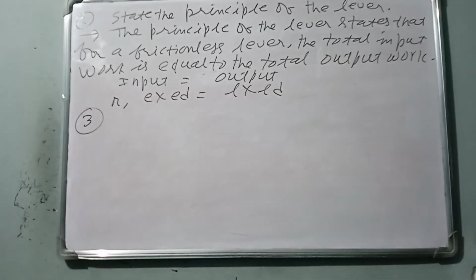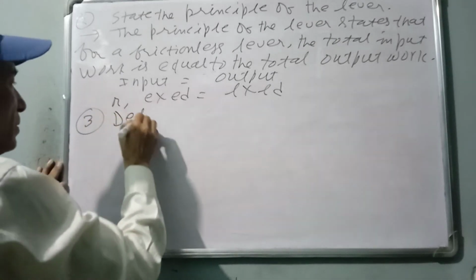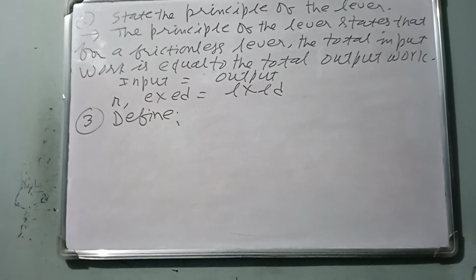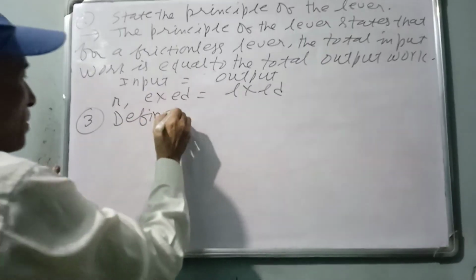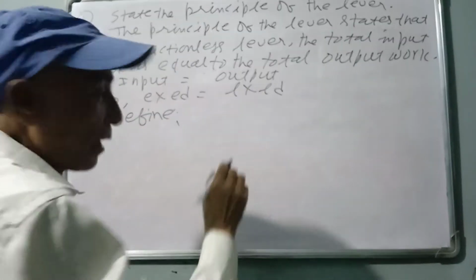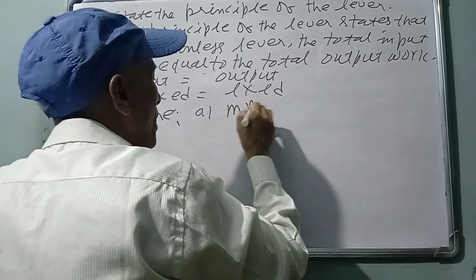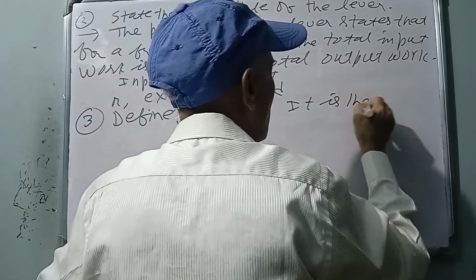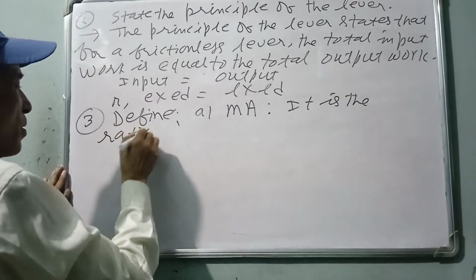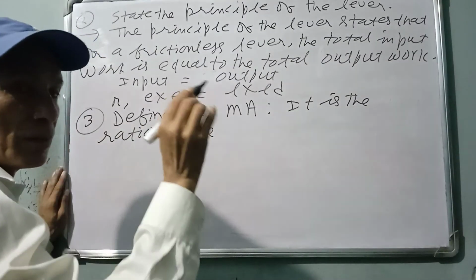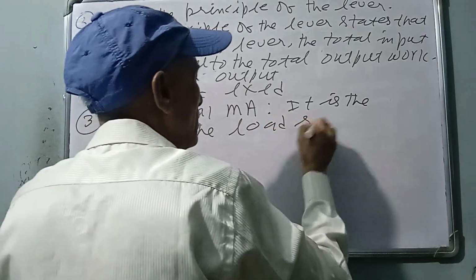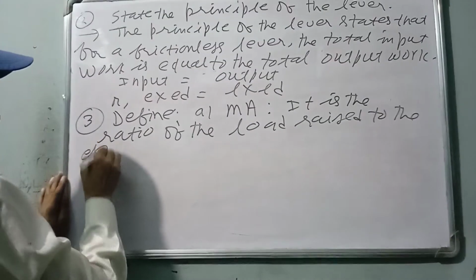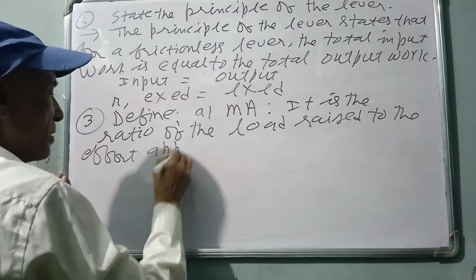In 3, see, define the following terms. In definition, see, first thing is a mechanical advantage. It is the ratio of the load raised to the effort applied.